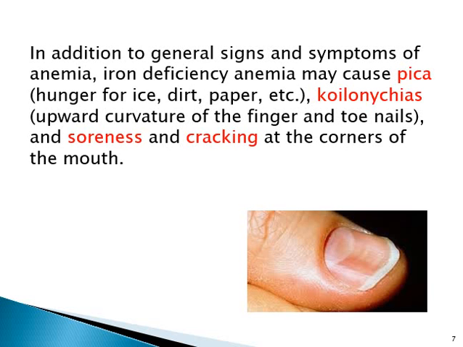It is called pica. Koilonychia, which is the upward curvature of the finger and toenails, can also be counted as a sign of iron deficiency. Soreness and cracking at the corners of the mouth will also occur.